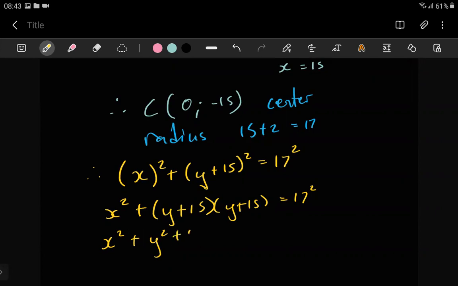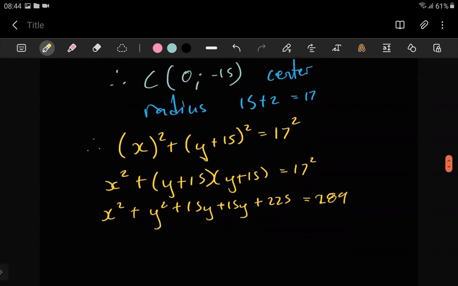And then here also 15 times 15, I think that's 225. I should just verify because using the calculator is 100%. Yes, 225. Great. 17 squared is 289.